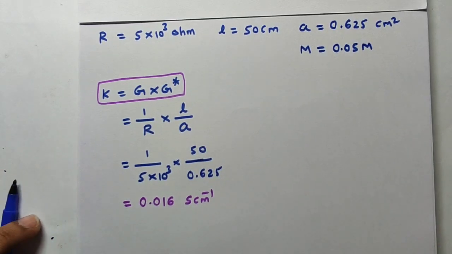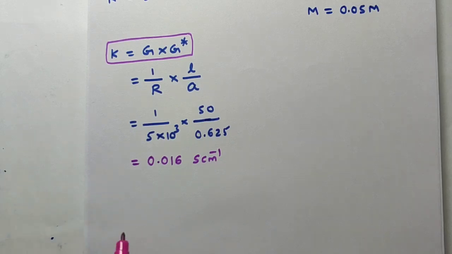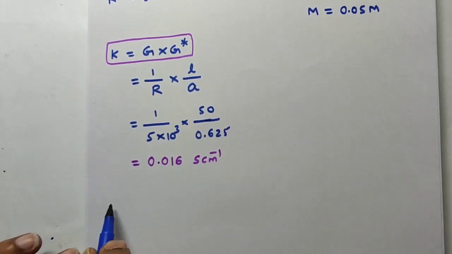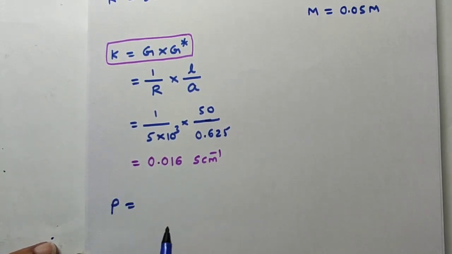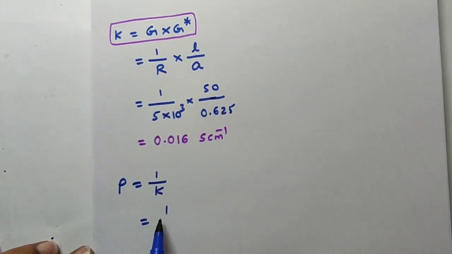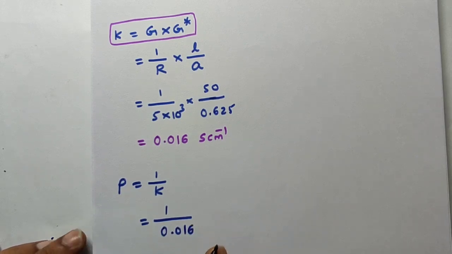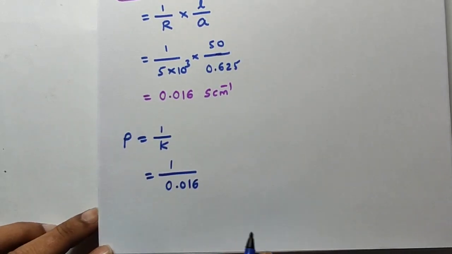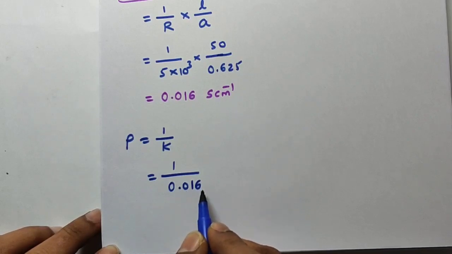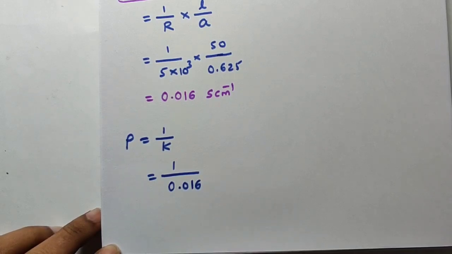We have to find out resistivity. Resistivity rho equals 1 by kappa, 1 by conductivity. So 1 divided by 0.016. Shall I write it like this? 0.016 is nothing but 16 into 10 power minus 3.